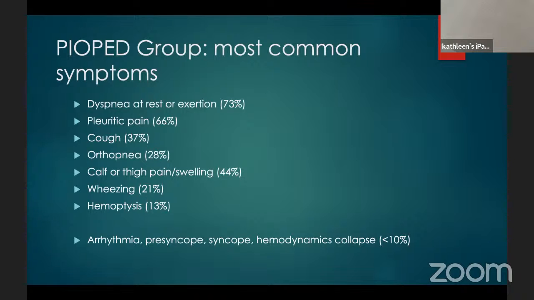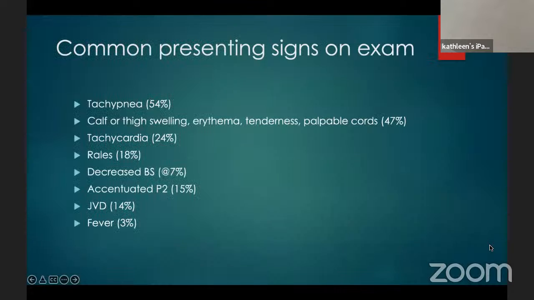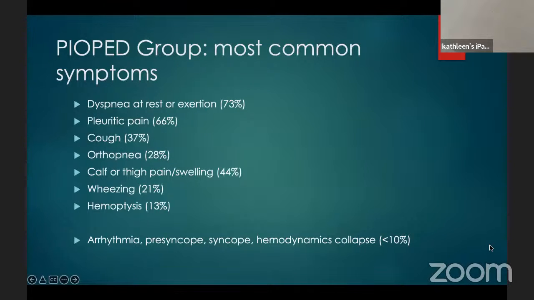PIOPED 2 went from 2000 to 2005. This studied the value of spiral computed tomography that was contrast enhanced in diagnosing pulmonary embolism. And the current PIOPED study, PIOPED 3, is studying gadolinium MRI of the pulmonary arteries and magnetic resonance venous imaging of the lower extremities in the diagnosis of PE.